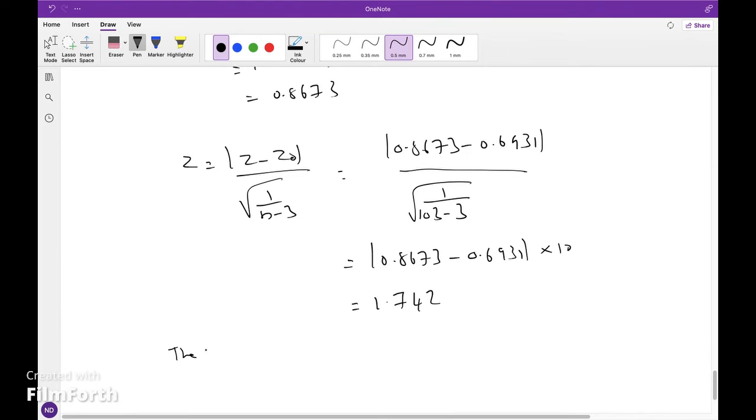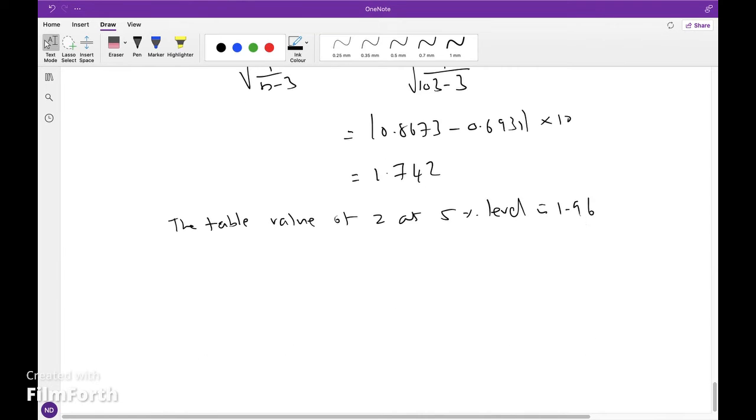So the table value of Z at the 5% level is 1.96.